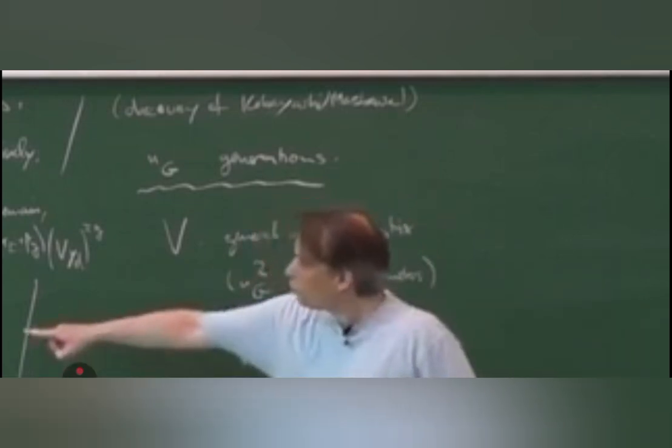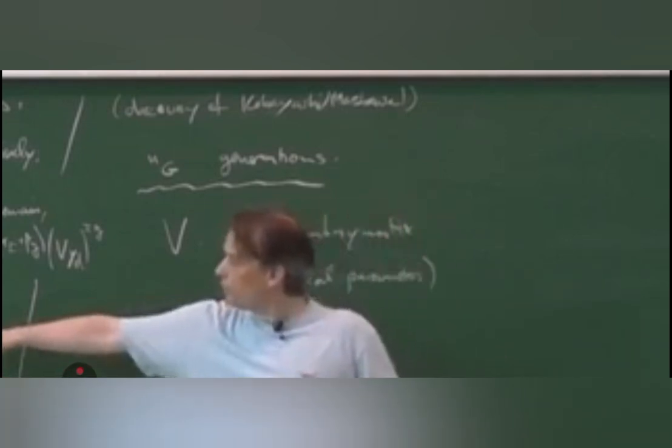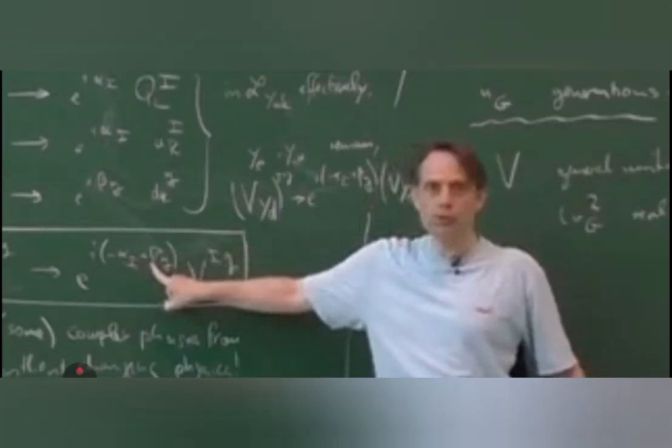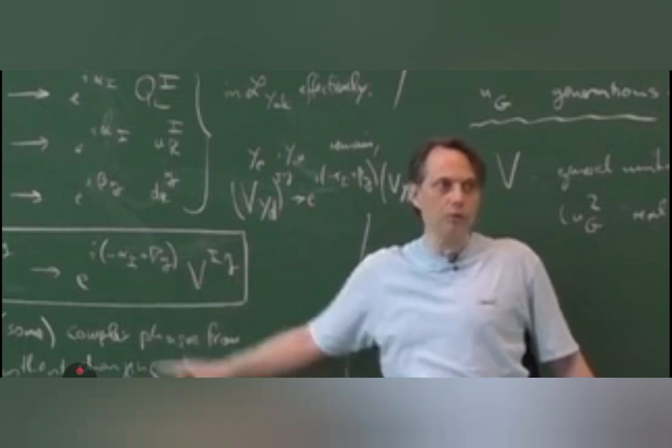How many real parameters does a general unitary matrix in n generations have, in an n by n matrix? It has n square real entries, n_g square real parameters. Then we can redefine it in this way, and we have at our disposal n alphas and n betas. That means 2n_g minus 1 differences.